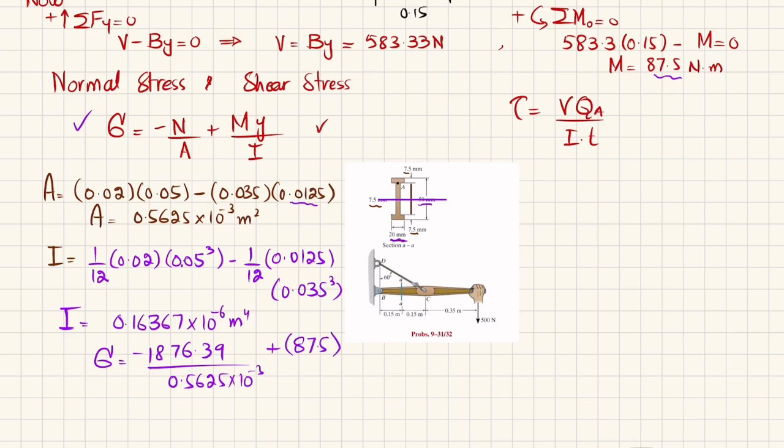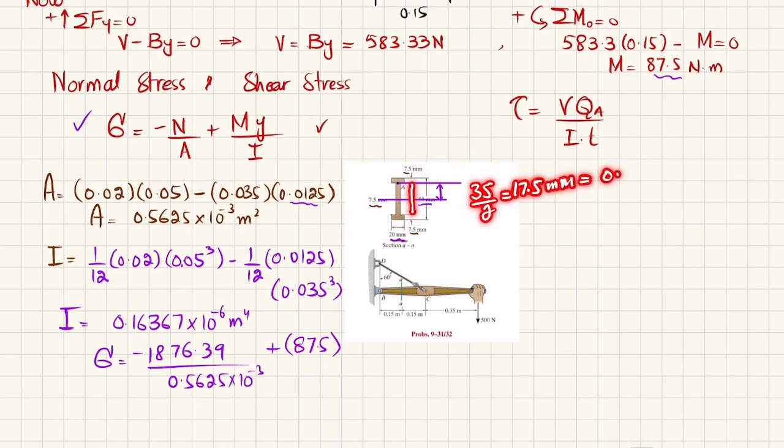Y is the distance from the neutral axis till the point A. So this is y. And this distance you can see is 35, so 35 half is 35 divided by 2, which is equal to 17.5 millimeter.